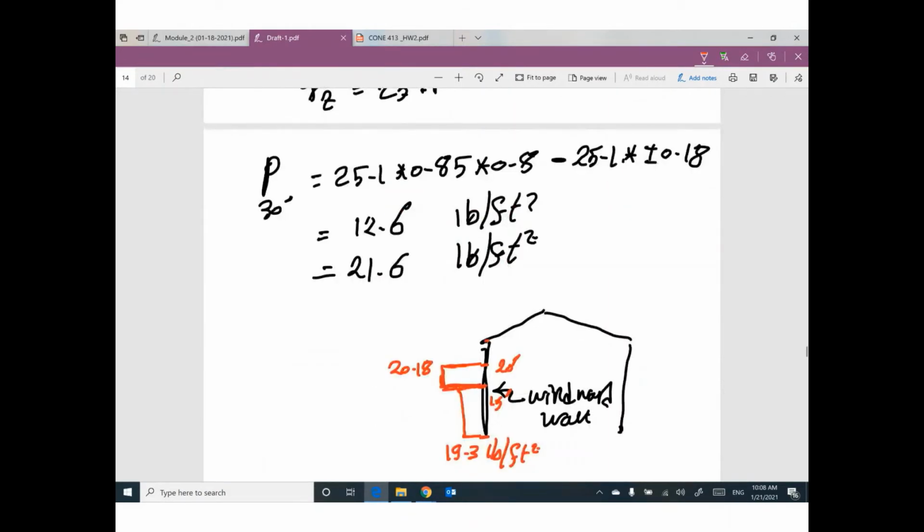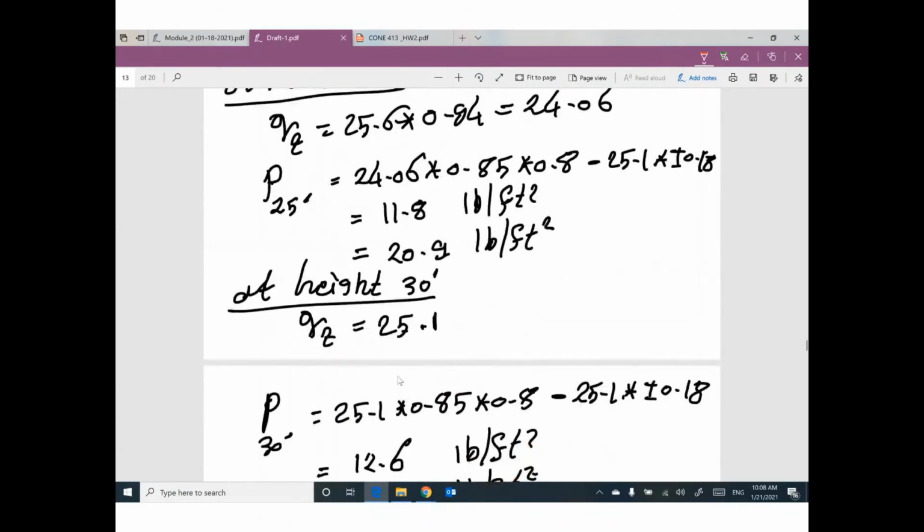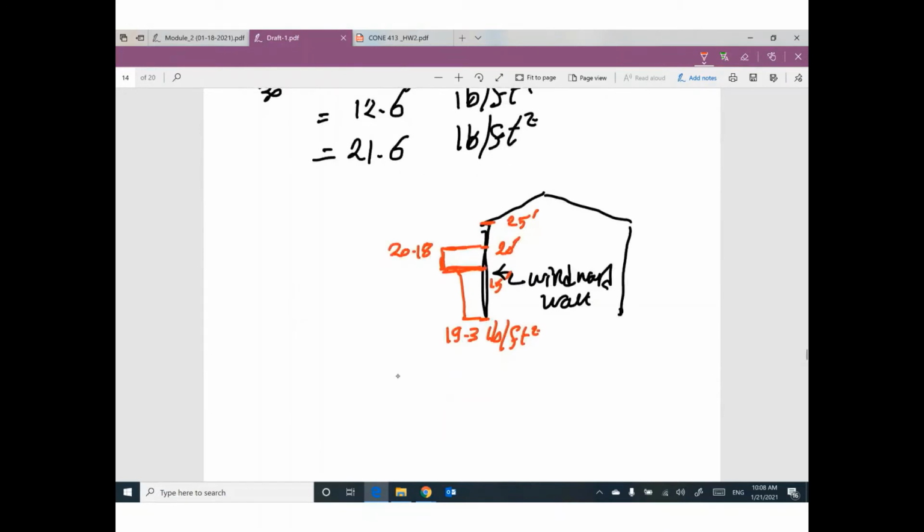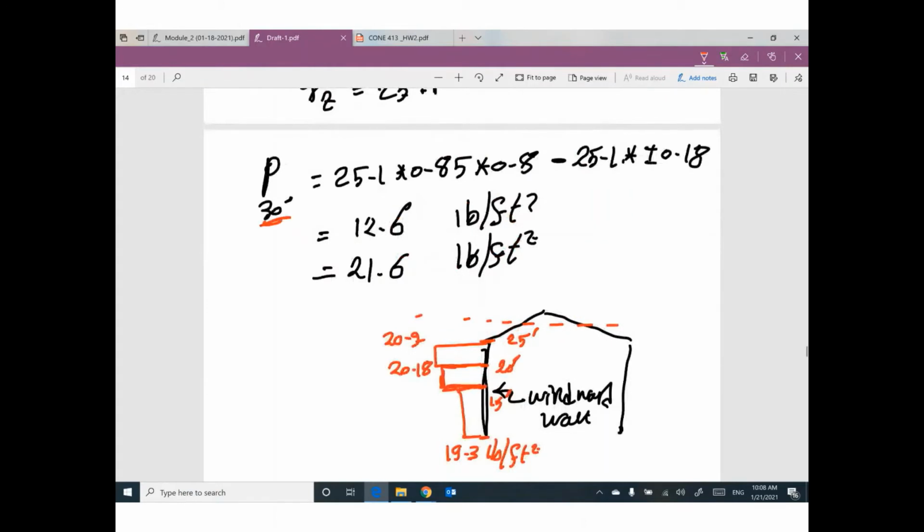From 20 to 25 feet elevation, your pressure equals 20.9. At the average height of the building, which is 30 feet, your value will be 21.6.